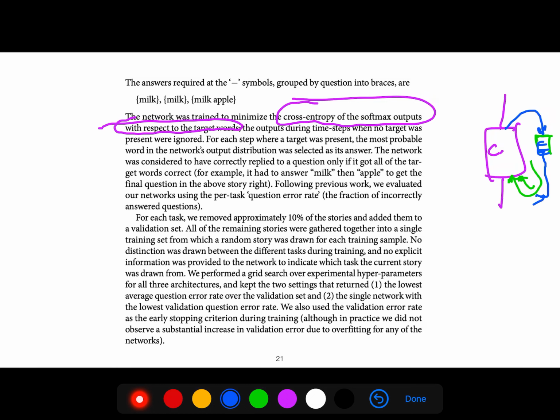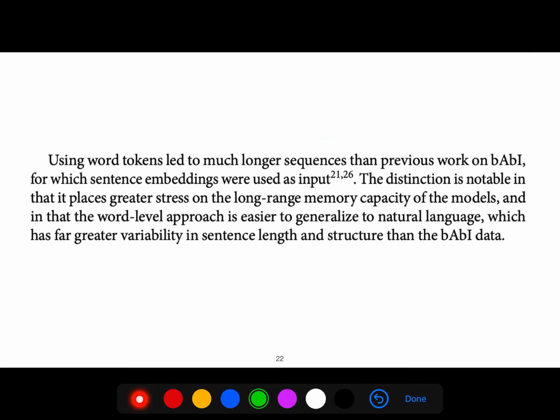It generates some read, and from the read you produce some output, but you compare it using cross entropy to the target output and see if the error is small. Then you could do good reasoning using this very simple bAbI dataset. I think in future they should create a more advanced and complex dataset because bAbI is very simple for reasoning.